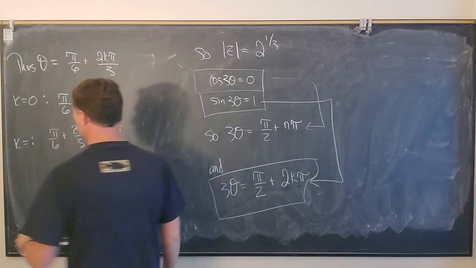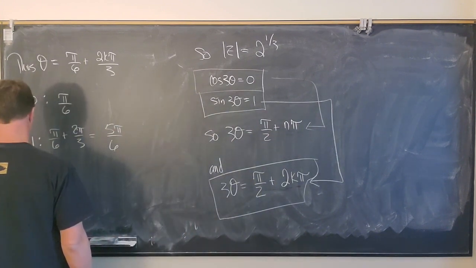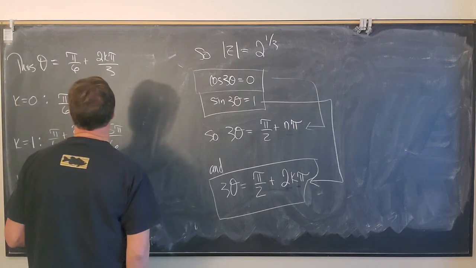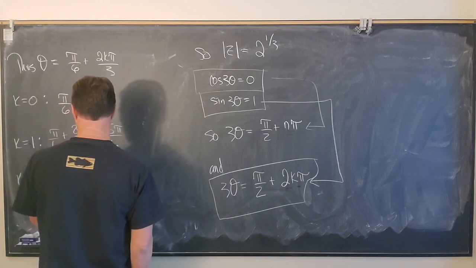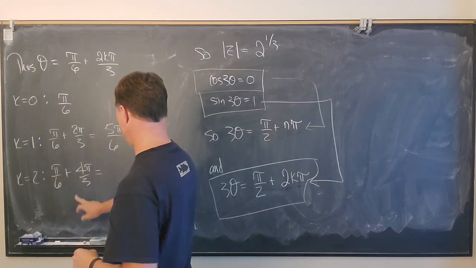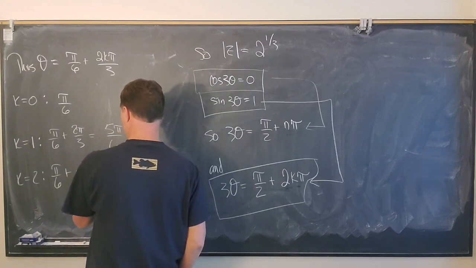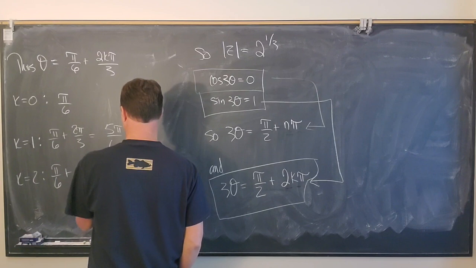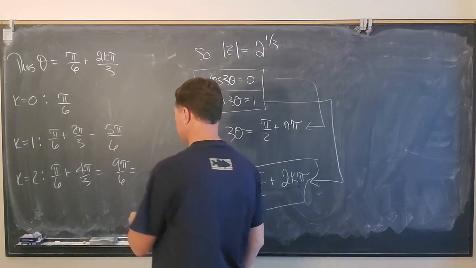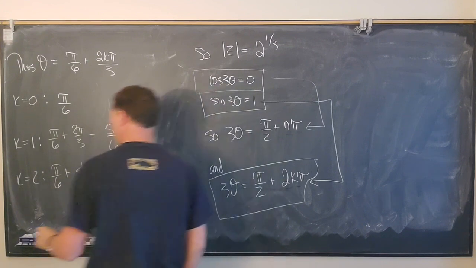And then when k equals 2, what we get is pi over 6 plus 4 pi over 3. That's 9 pi over 6, which we can simplify as 3 pi over 2. Let's do one more to see what happens.